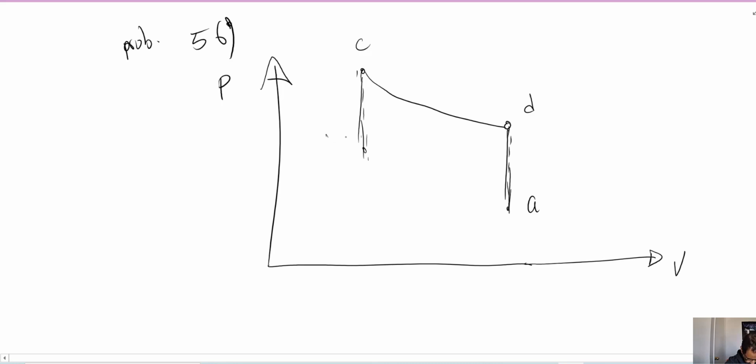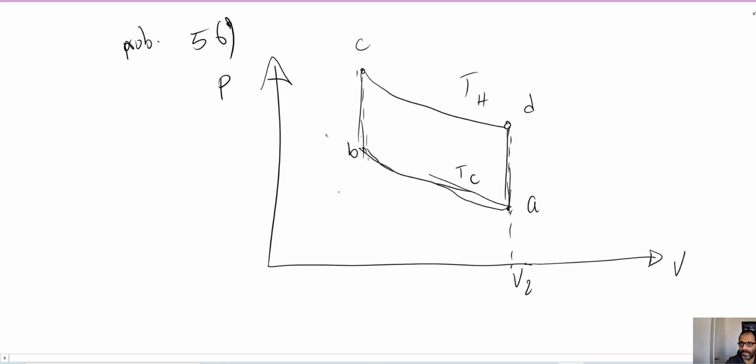So B is now at constant volume, and this is the second isothermal. This is your T hot and this is your T cold, and these two processes are happening at the same volume, which you can call VA or VB, it doesn't matter what you call it.